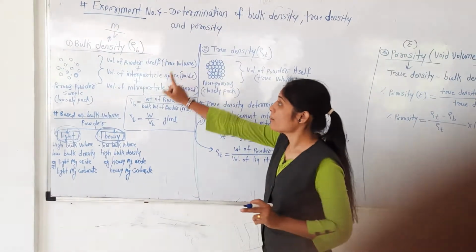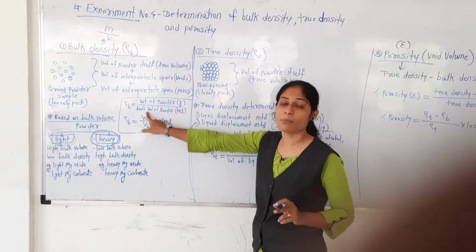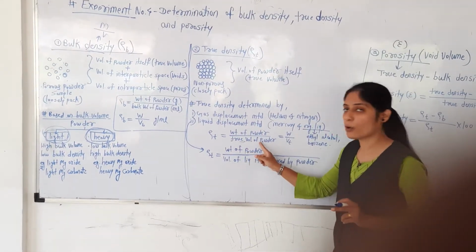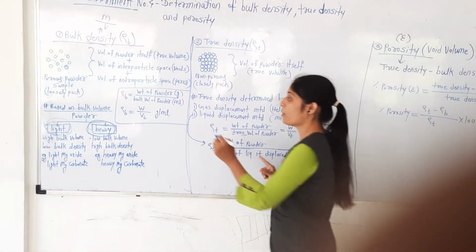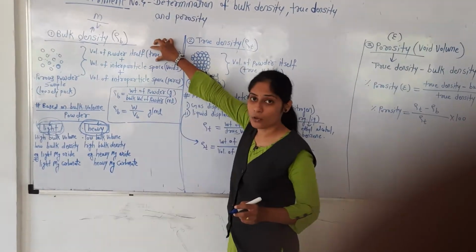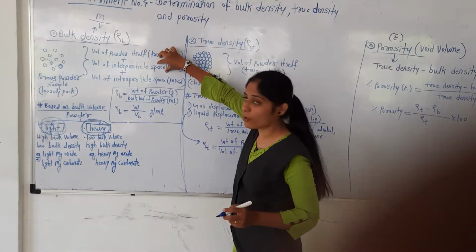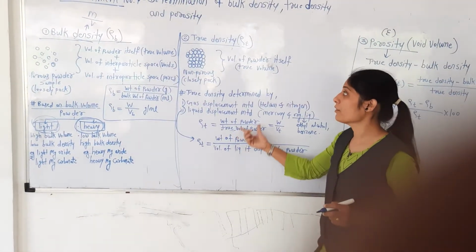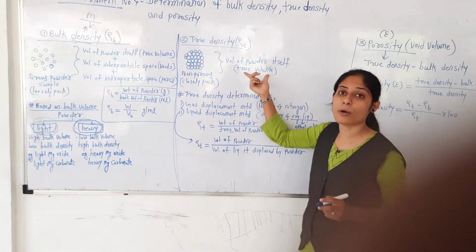But in bulk density, we use the bulk volume of powder, and in true density, we use the true volume of powder. Bulk volume of powder means we take the true volume of powder, then void volume and pore volume. But in true volume of powder, we take only the true volume of powder.